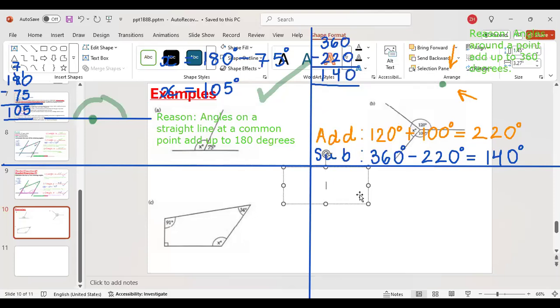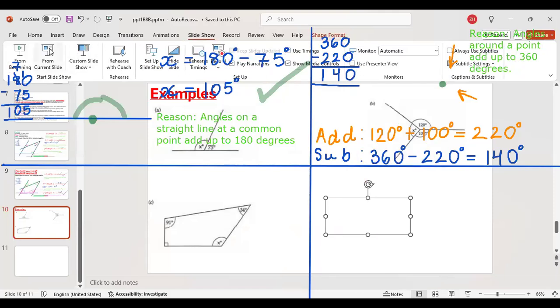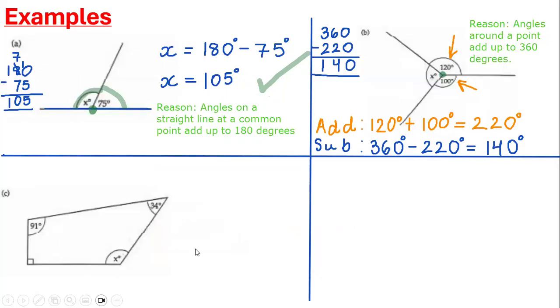Anyone else? No one else did C? Okay. X equals 145 degrees.